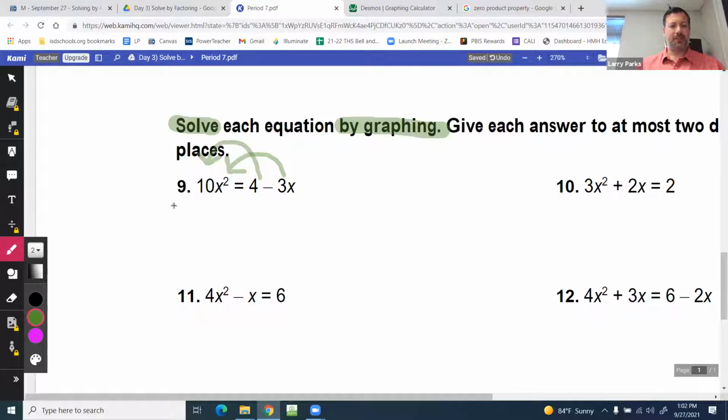So you get 10x squared. And apologize for my sloppy handwriting. You move that over, or you can think of it as adding 3x to both sides. I like to just think of it, if you move it to the other side, it changes sign. So I got plus 3x. And then I'm subtracting 4 from both sides. That becomes minus 4.